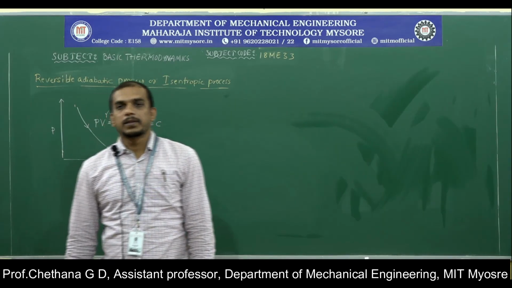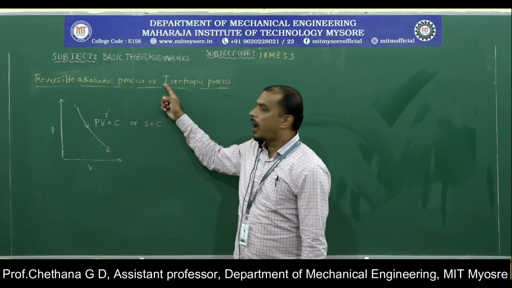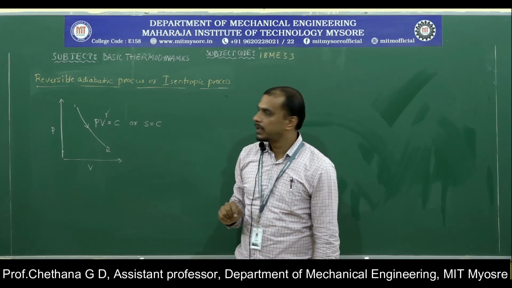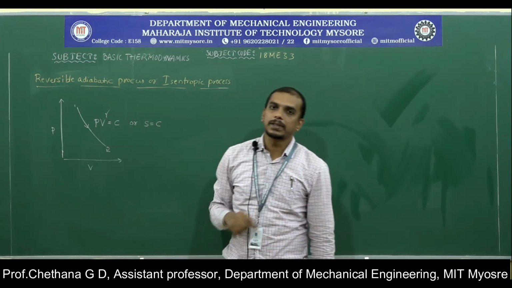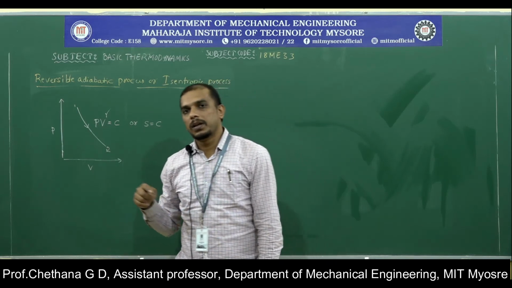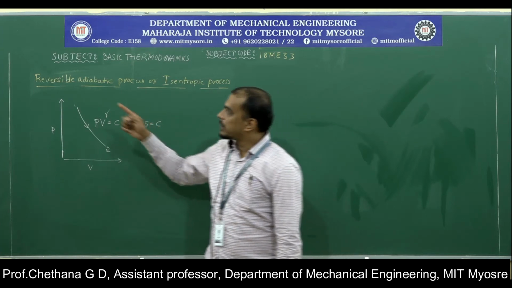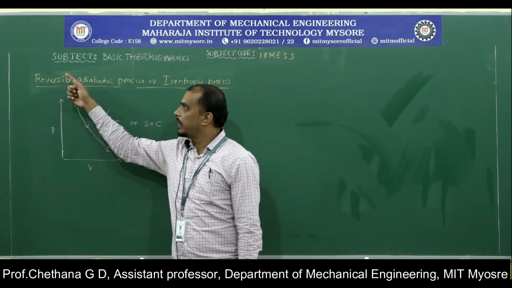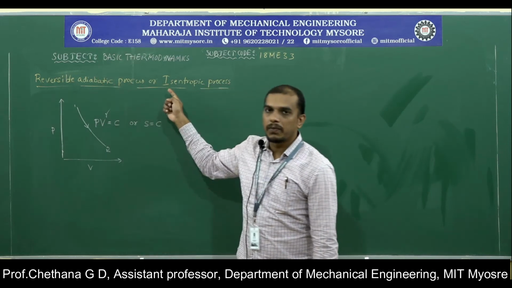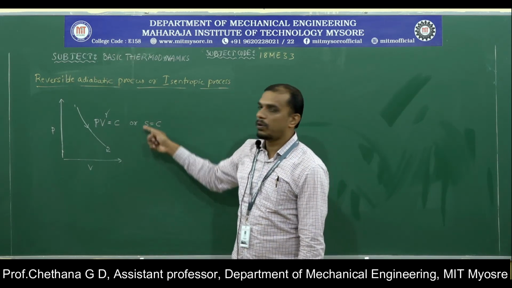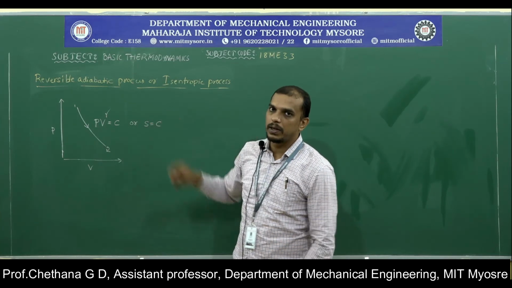The next ideal process which we are going to look at is reversible adiabatic or isentropic process. We are calling it reversible because the process is reversible. Even though all the ideal processes which we talked about are reversible, we are specially mentioning it here because only when it is reversible will it be isentropic, that is, entropy remains constant. It is too early to talk about entropy.